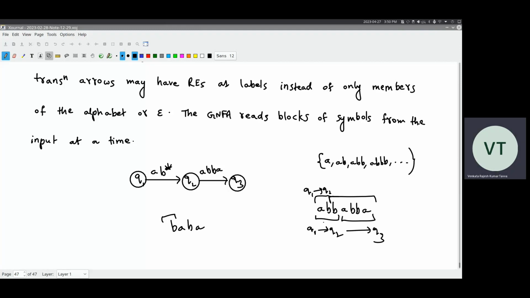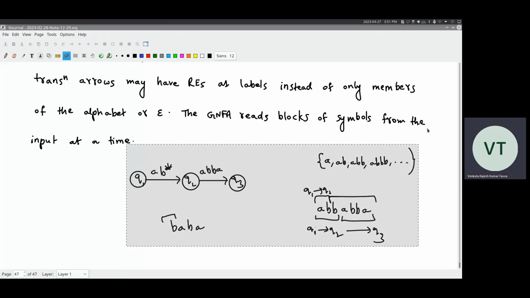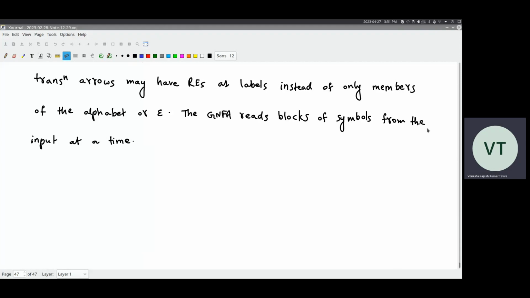Okay, so the point is, it is not reading one character at a time, it is reading a substring at a time, an entire chunk of symbols at a time. That's what a GNFA is capable of doing. So you can give regular expressions themselves as labels to the arrows. That's the only difference between an NFA and a GNFA. That's the main difference. There are some other slight differences which we will look at.